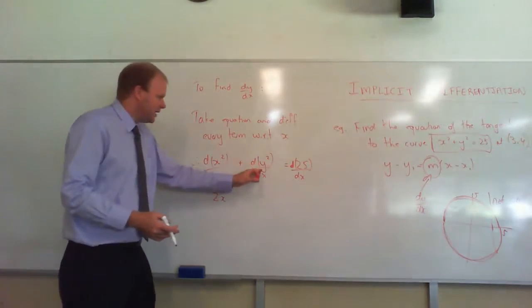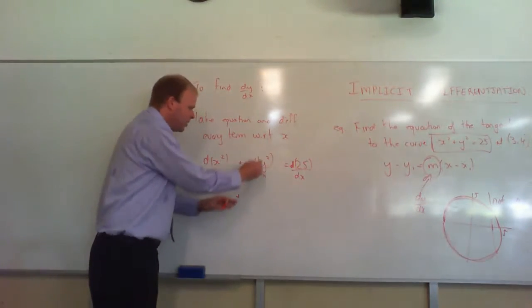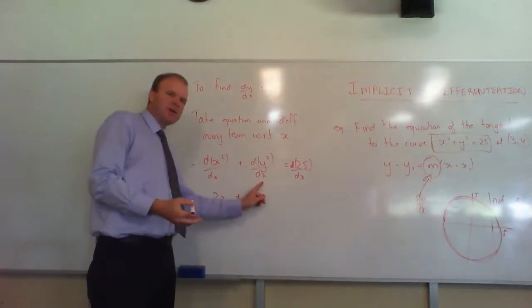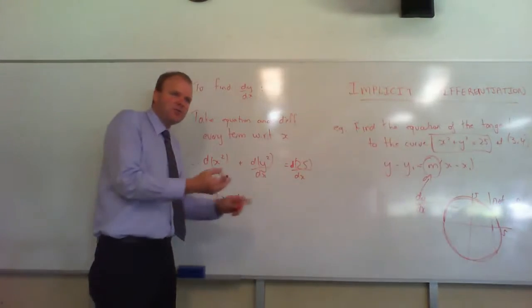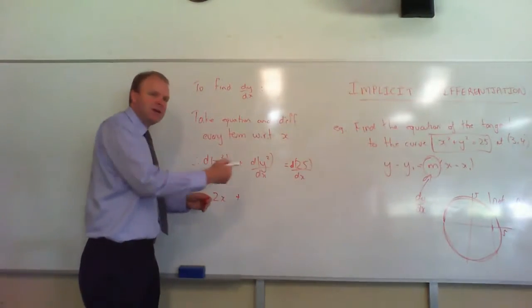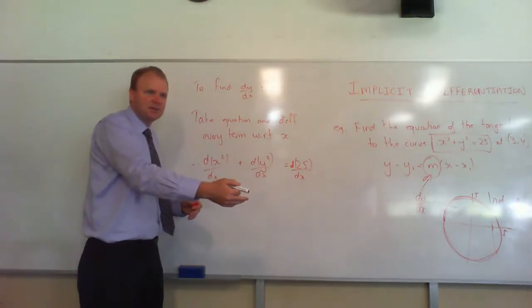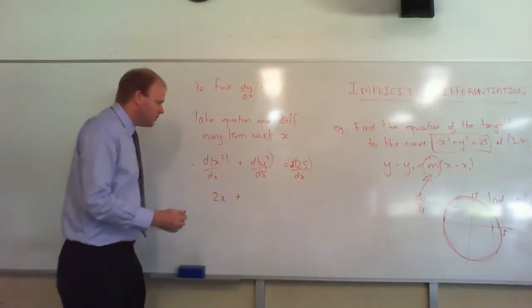But the problem is here, on this term, I'm now trying to differentiate y squared with respect to x. That would be okay if I had y squared equals something with x in it. But let me show you what we can do here.